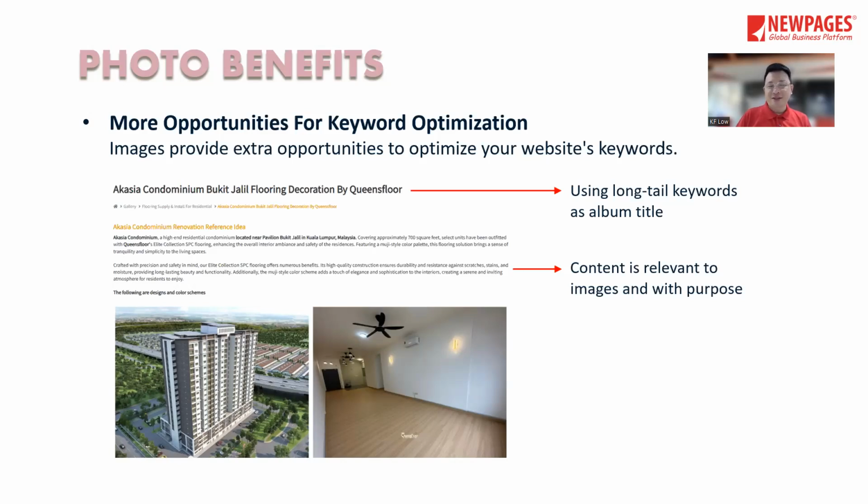It's what we call long tail keywords as an album title. And not just that, they also describe their photos. Make sure your content is relevant to the image and with purpose. It matches the pictures.